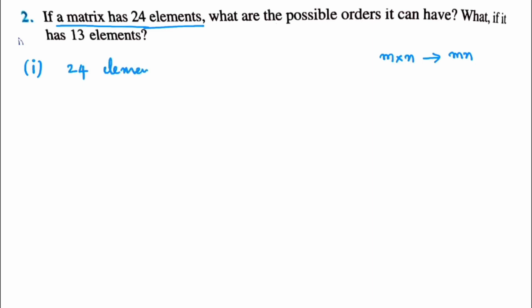I'll write here, the possible orders are. 24 elements, na? 1 by 24. Is it possible or not? Yes, 1 by 24, because the number of elements of a matrix of this order is 24.